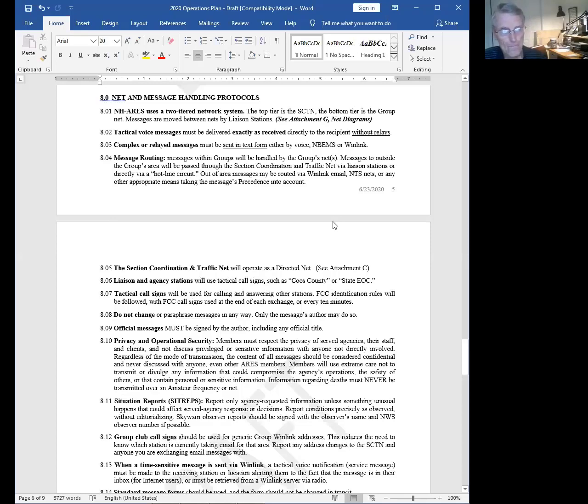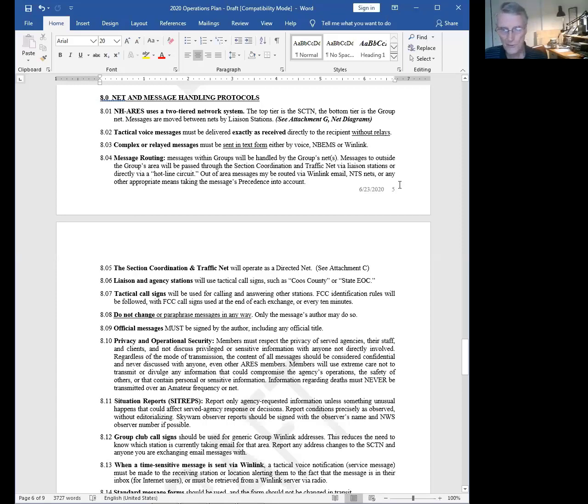And I tried to describe the net system as simply as possible. Since the last one was written, we have brought NBEMS and WinLink right to the front of operations. At that time, they were still experimental. That has been reflected throughout this document now. And anywhere we were dealing with what would be really a training issue is gone. It's just now operational. And that should make this easier for everybody.